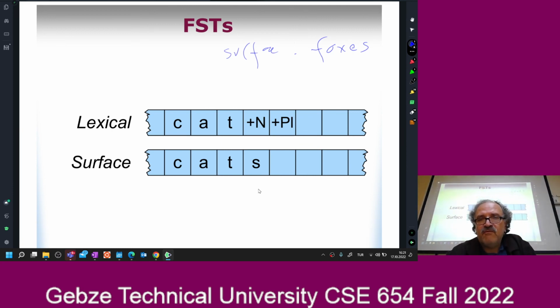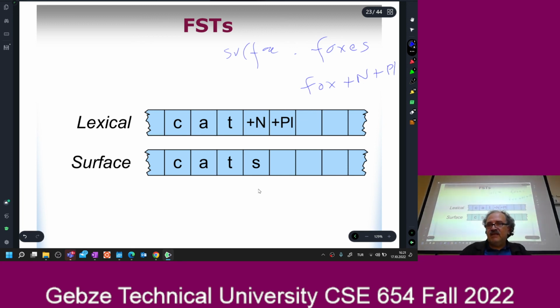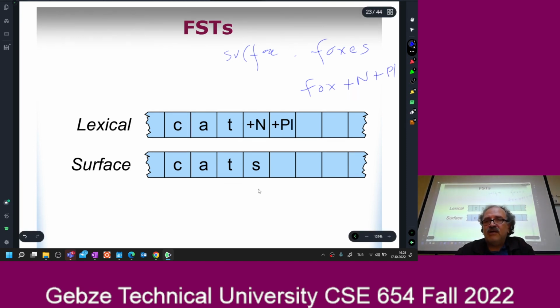My lexical form will be exactly like this: fox plus N plus plural. Okay? It doesn't talk about that E at all. We just ignore it because that's a rule in English that can happen only with some certain letters, certain words only. And with the lexical form, I just ignore it. I don't need to know about it.